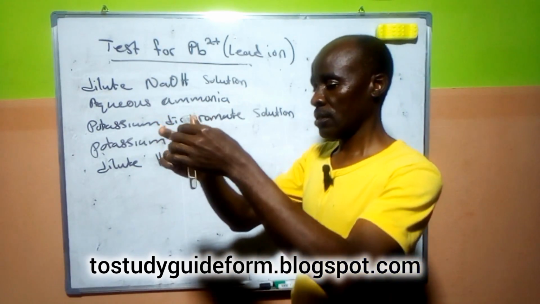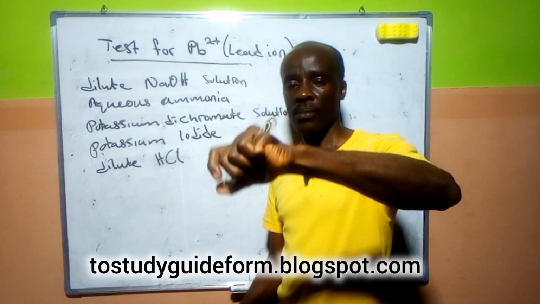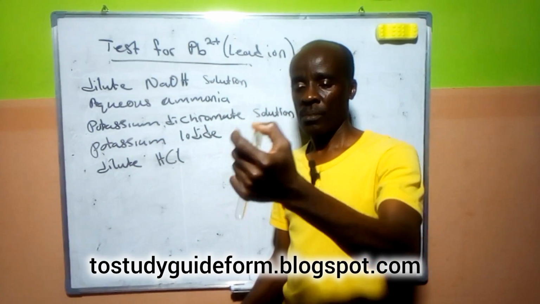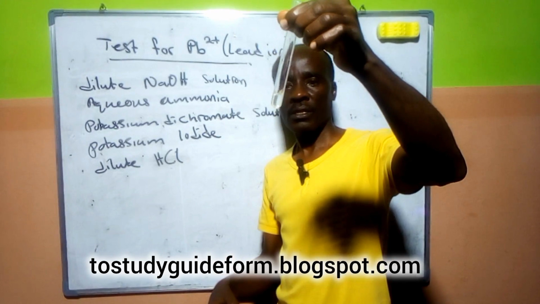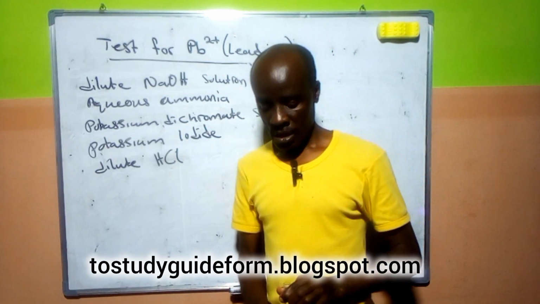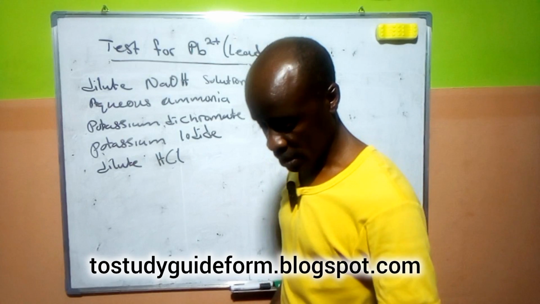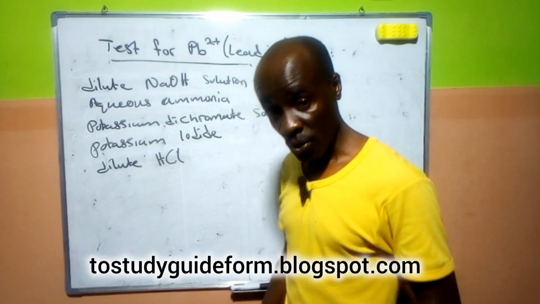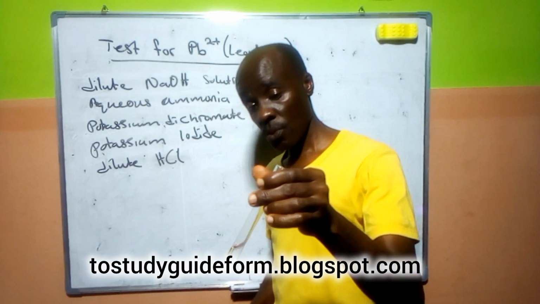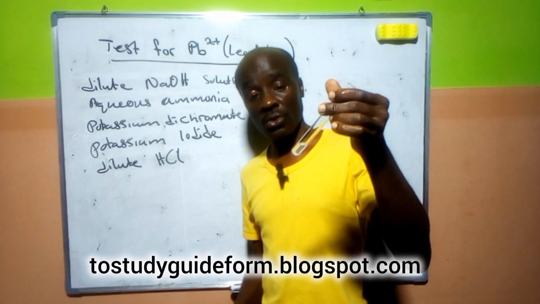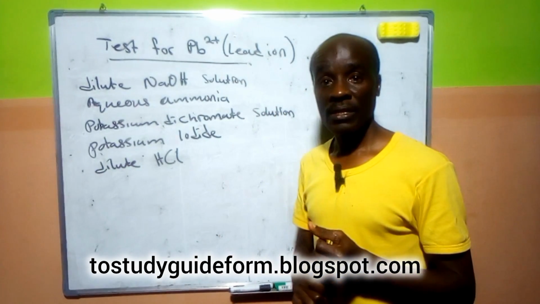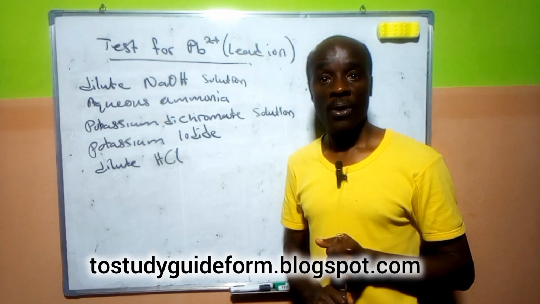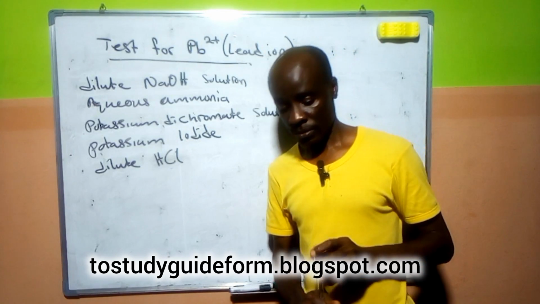Notice now it is soluble. It is soluble in excess sodium hydroxide. Now, the fact that it's soluble means that we are likely to have, sorry, lead ion or calcium ion.